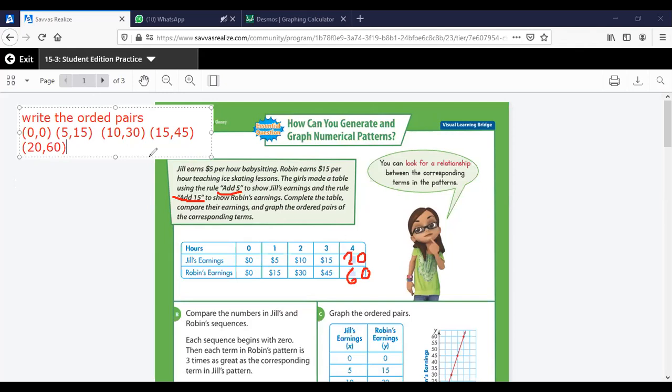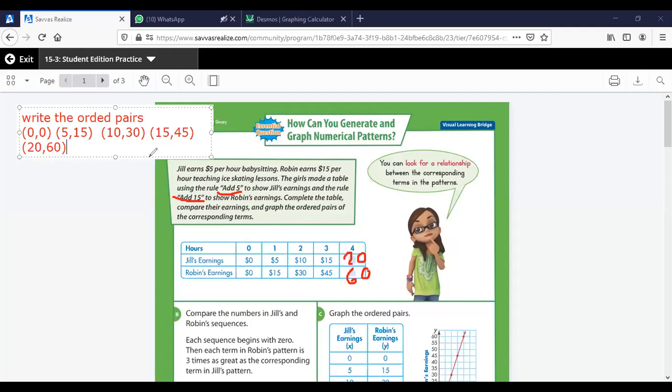So this is the XY plane. You will see something like that. Now I want to graph my points here. Again, my points were 0, 0, and then 5 with 15.